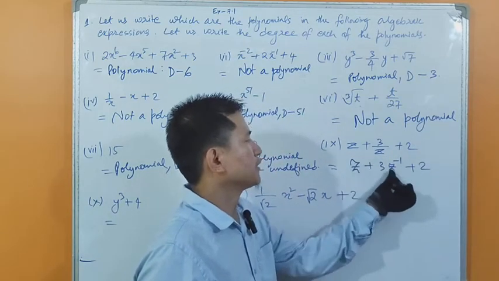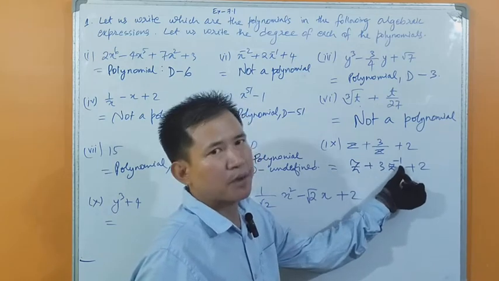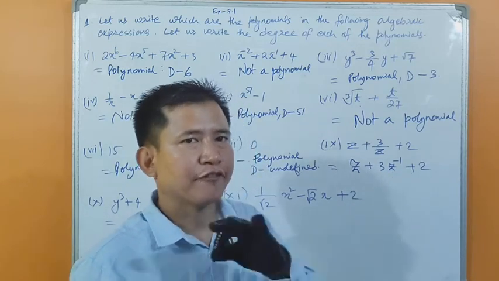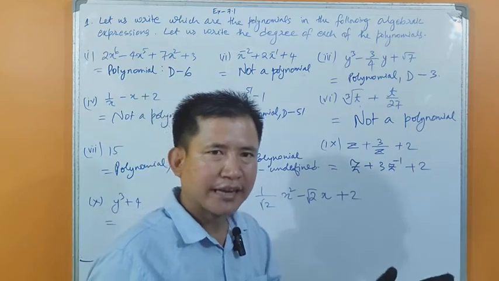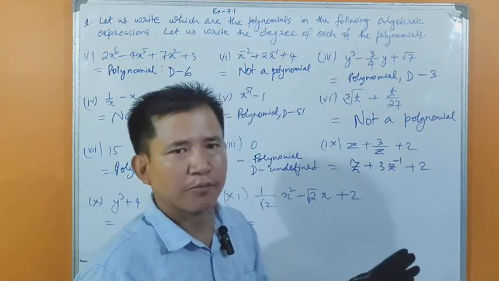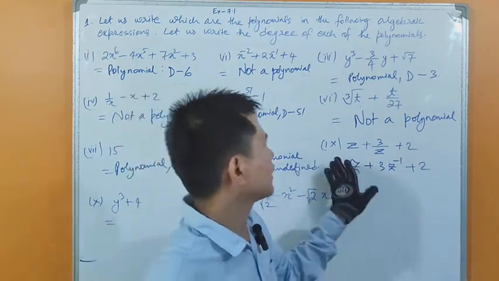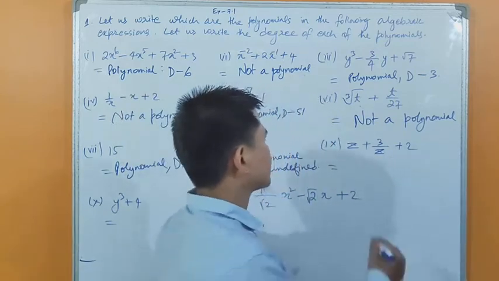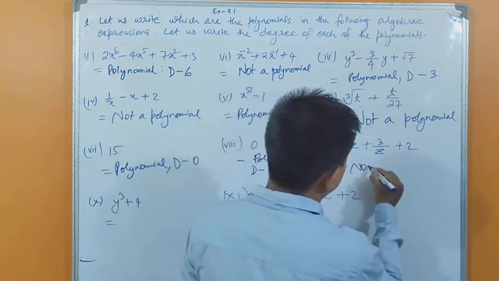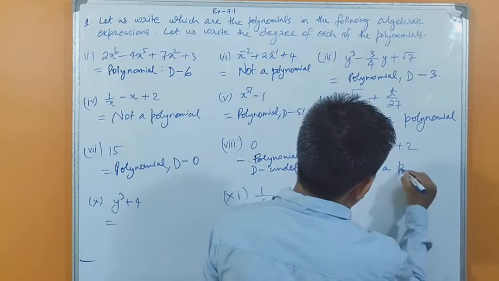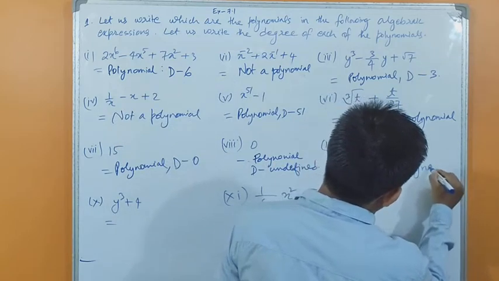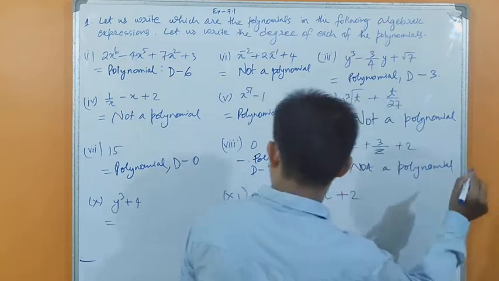Here is plus 1, but here we have minus 1 as power. So any variable whose power is negative or fraction cannot become a polynomial. That expression cannot become a polynomial. So this is not a polynomial. Got my point?